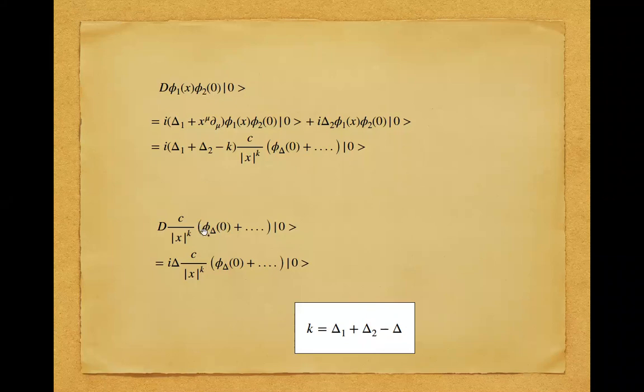Since this is a primary, it will just give me the eigenvalue, the conformal dimension. If you compare these two sides, what you get out of this exercise is that k is given by delta 1 plus delta 2 minus delta. All right, so this is how we fix k.